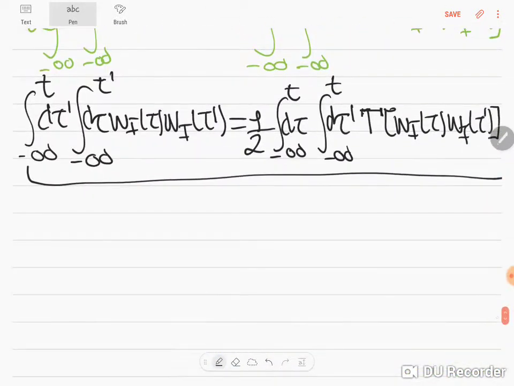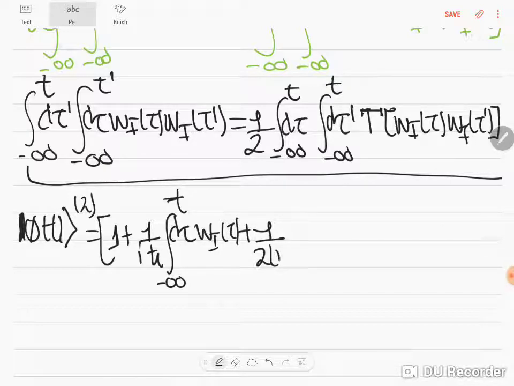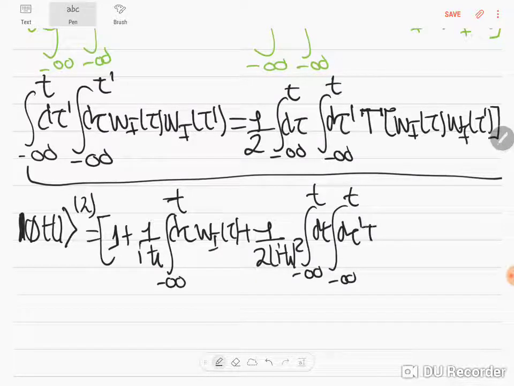Okay, so that means that my new second order approximation of the state phi of t is equal to 1 plus 1 over i h bar integral from minus infinity to t of d tau W_I of tau plus 1 over 2 i h bar squared integral from minus infinity to t of d tau, integral from minus infinity to t of d tau prime, time order of W_I of tau, W_I of tau prime.